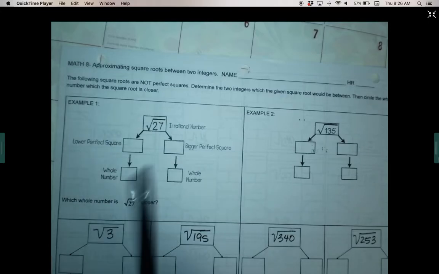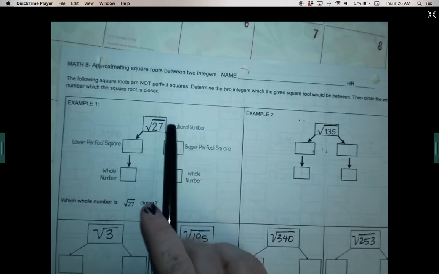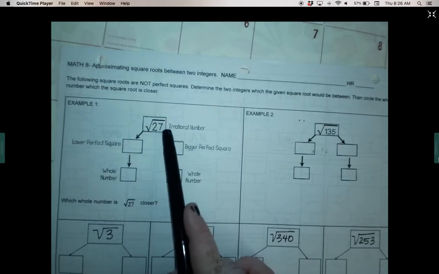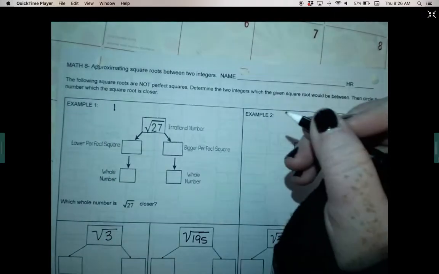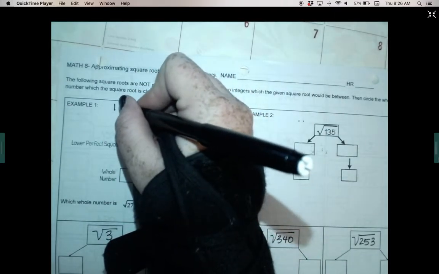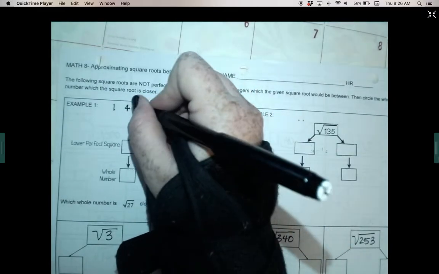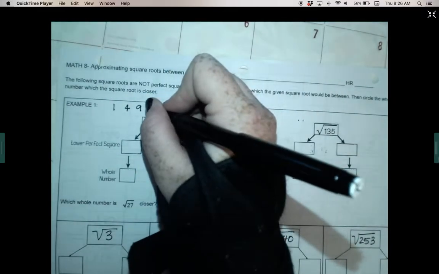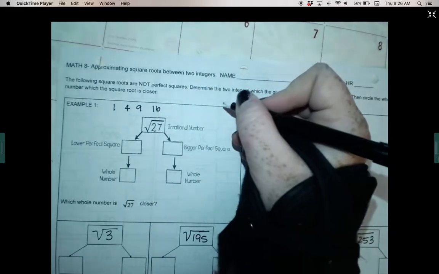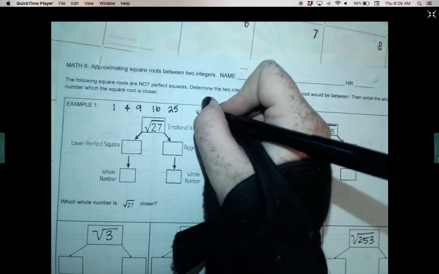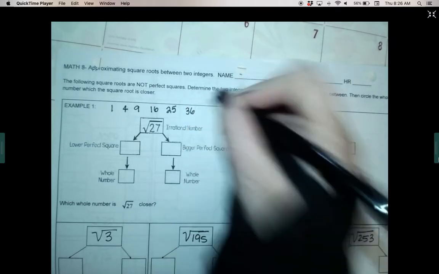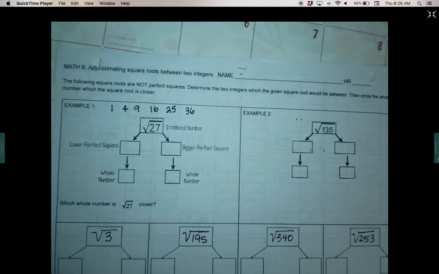Okay, so example 1 says we want the square root of 27. So if I think of all of my perfect square numbers, my first perfect square number would be 1 times 1, which is 1, 2 times 2, which is 4, 3 times 3, which is 9, 4 times 4, which is 16, 5 times 5, which is 25, 6 times 6, which is 36, and I've already gotten past where 27 would be.